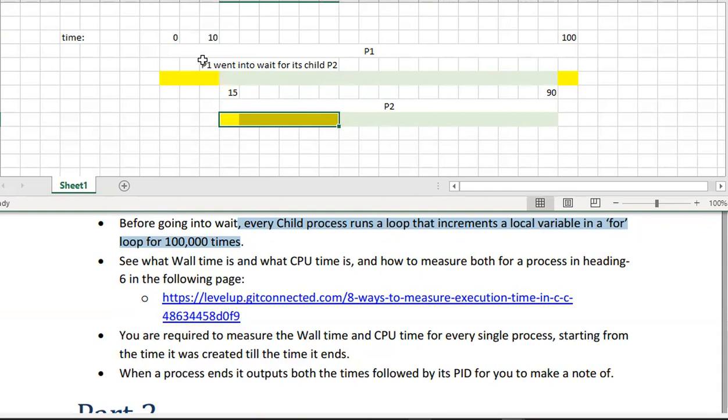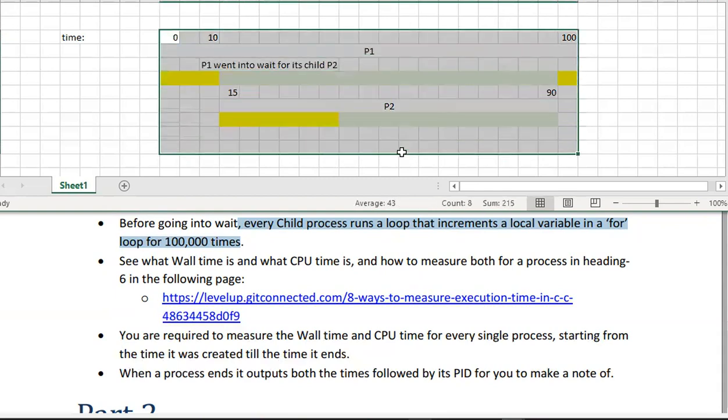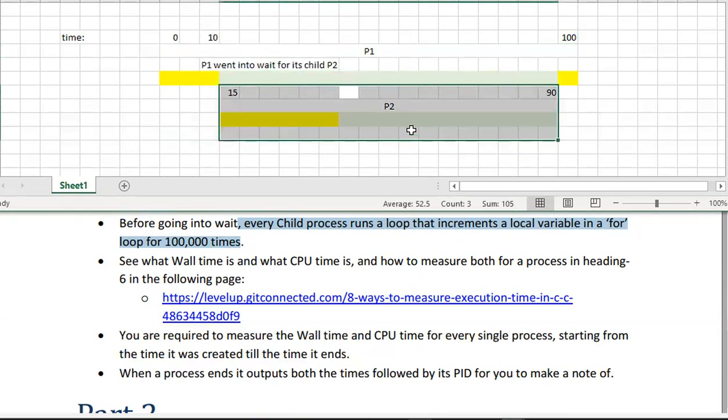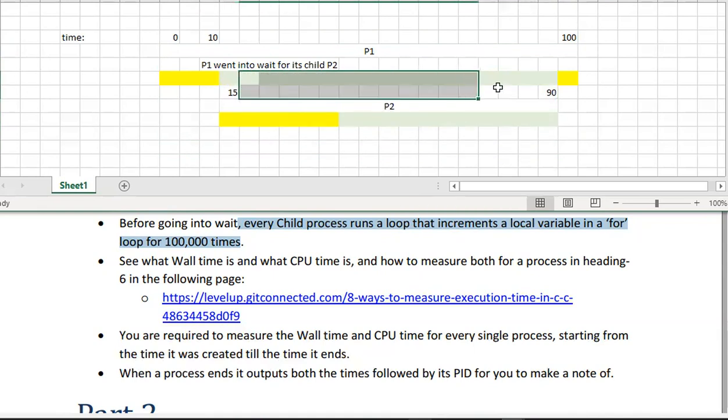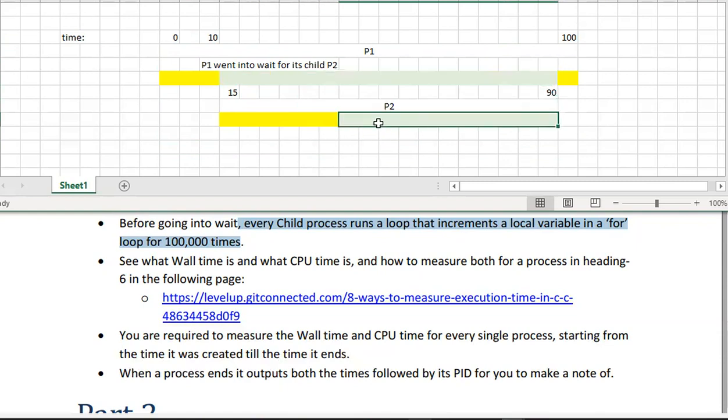So I want you to draw a picture similar to this, which takes into account all the wall times and CPU times of all the processes, and try to show for which times process P1 was idle, for which times process P2 was idle.